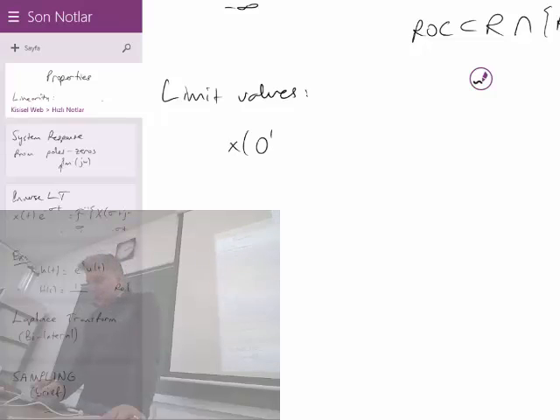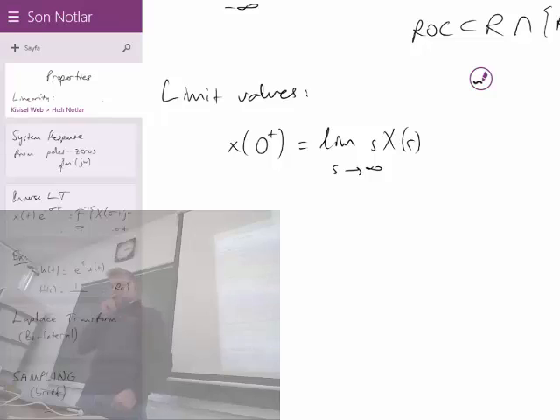The time signal at 0, but I will say 0 plus, that is, in case of discontinuity, the discontinuous part must approach from the right-hand side. It means x(0+) is equal to s times X(s) as s goes to infinity. Where does it come from? Why is that the case?